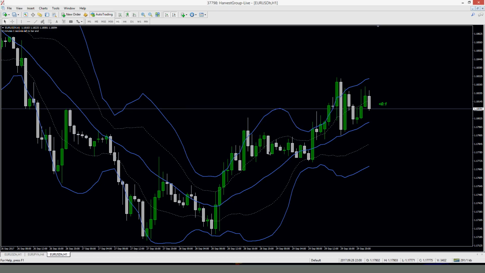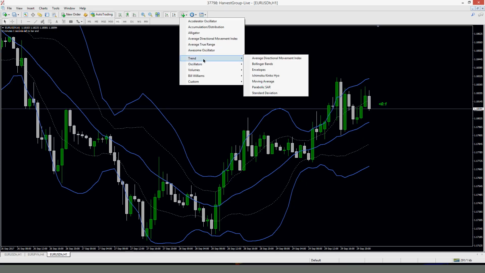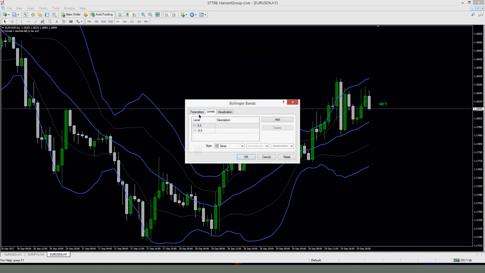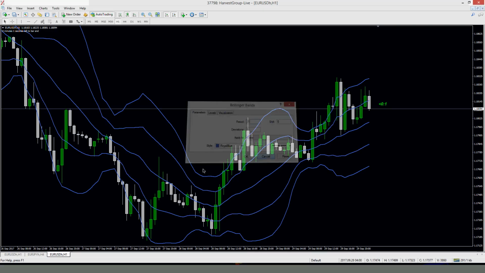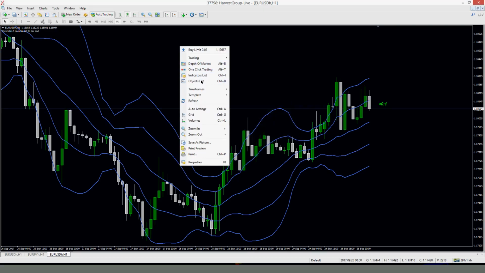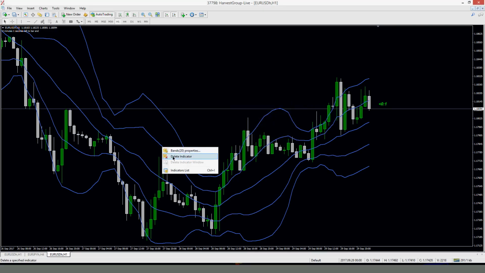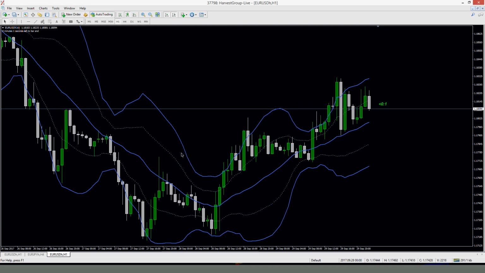What deviation 1 is, obviously, is a Bollinger Band with deviation 1. Let's say I wanted to add a Bollinger Band, and let me just delete this, and put deviation 1 over there. It will fit exactly where the deviation 1 line was earlier, so it's exactly the Bollinger Band deviation 1.